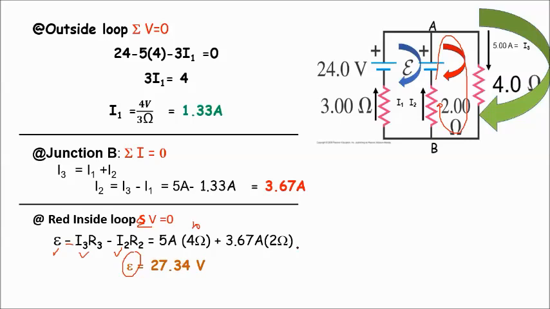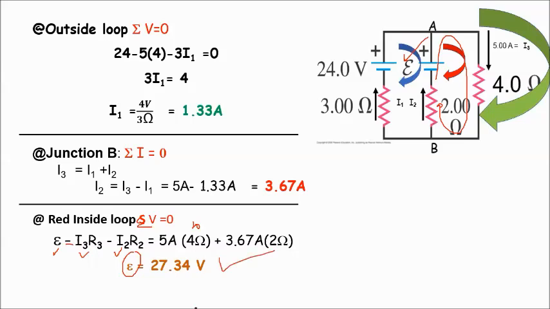So that is why the value of epsilon in the circuit is equivalent to 27.34.